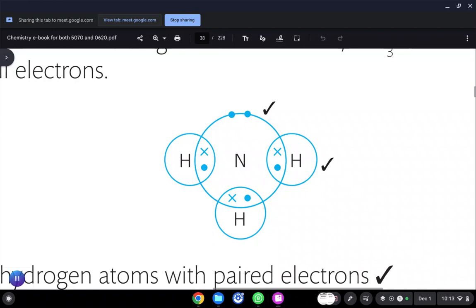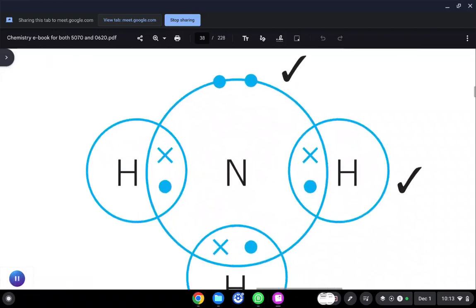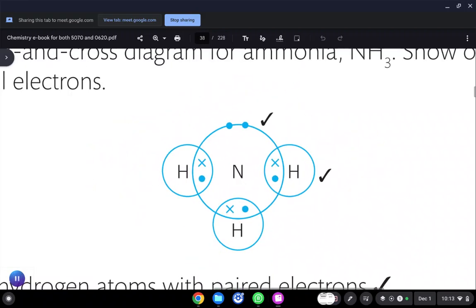So three hydrogens will come and will share one electron each. Each hydrogen will share a single electron, so that nitrogen will get satisfied. As you can see, just like a Venn diagram, we showed cross and dot in the shared area between nitrogen and hydrogen.